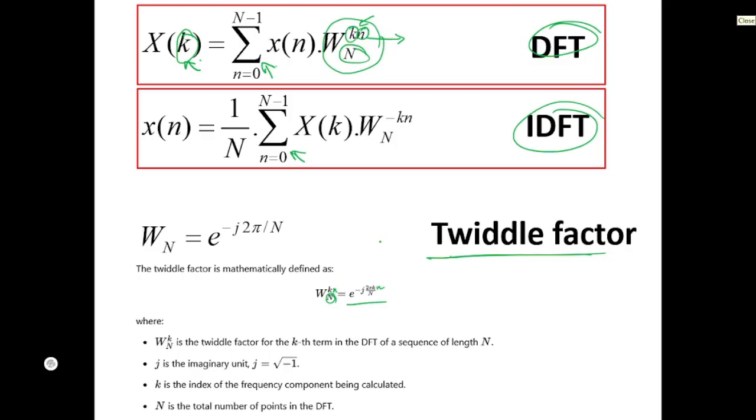So we will be having e to the power minus j 2 pi kn by capital N. And what is j? j is equal to under root of minus 1.